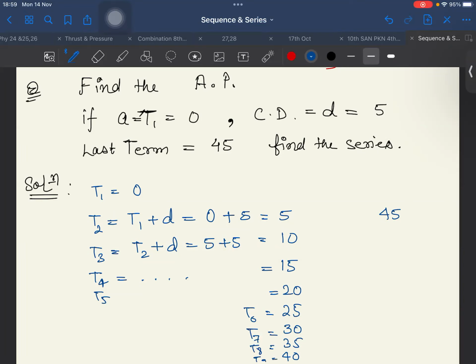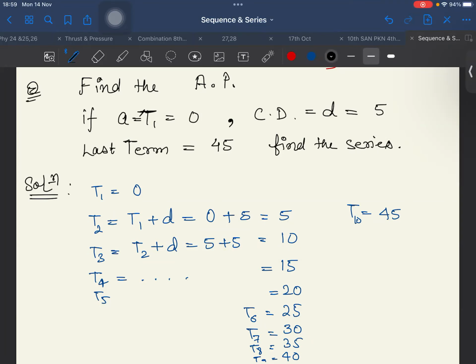How many terms are there in total? 10 or 9? I want to know that. It's 10 only, sir. 10 only, is it? Okay. Anybody with 9 terms?